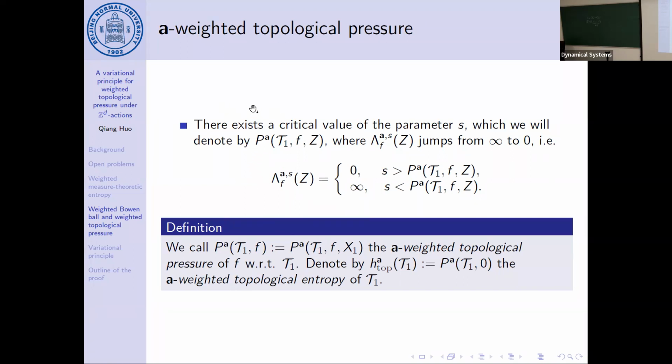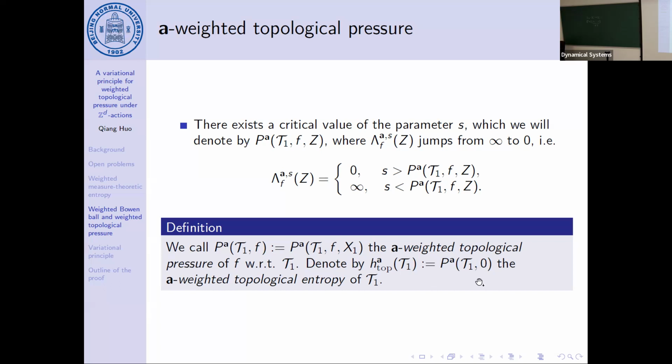As there exists a critical value of s, we denote it by P_A. We will call P_A, when the subset equals the whole base, the weighted topological pressure of the potential function F with respect to T1.